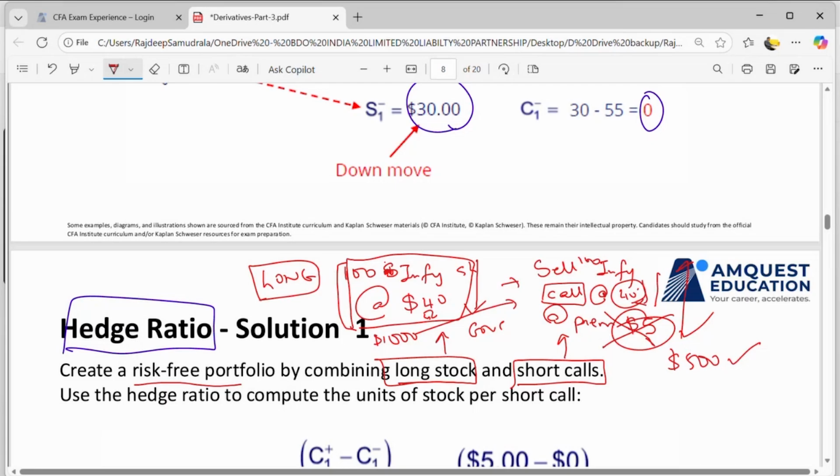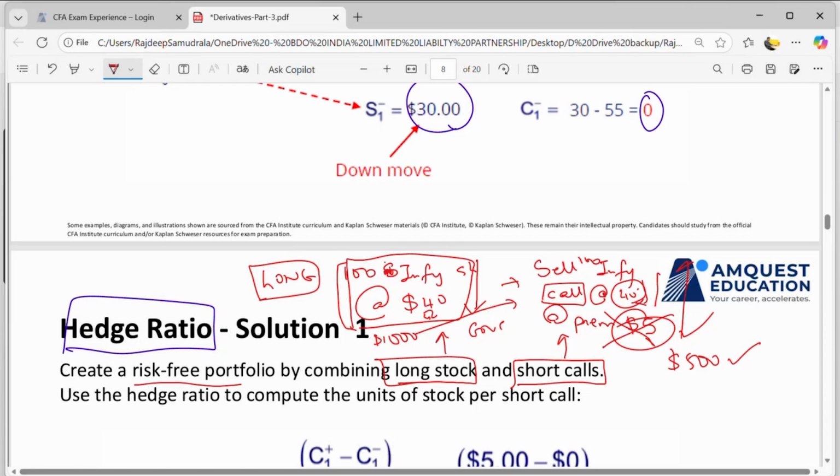So what a hedge ratio explains is how many stocks you have to go long and how many calls you have to short against them. Is that clear? So that means if I have 100 Infosys shares, I may not need to short 100 derivatives. I may need to short only maybe 20 or 30 or maybe 80 or maybe 140.